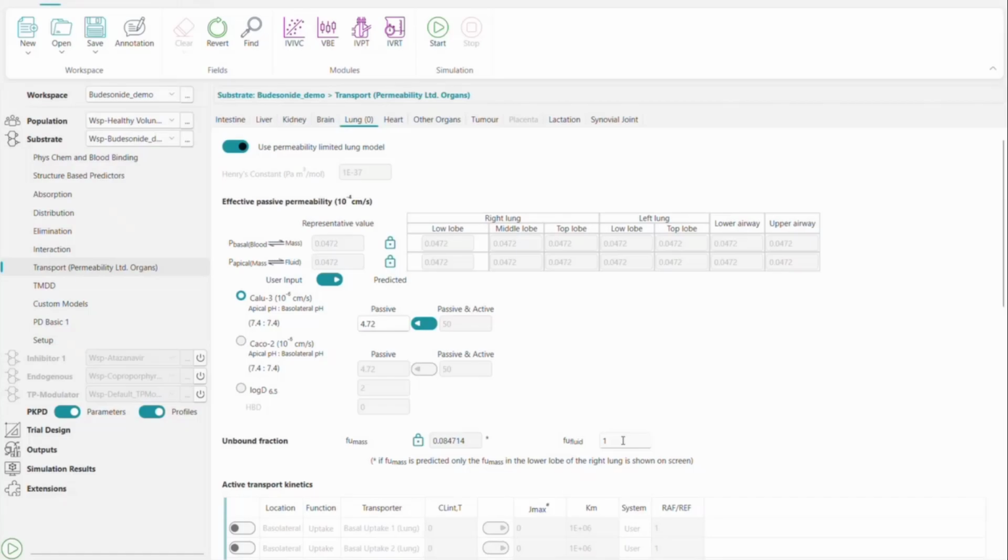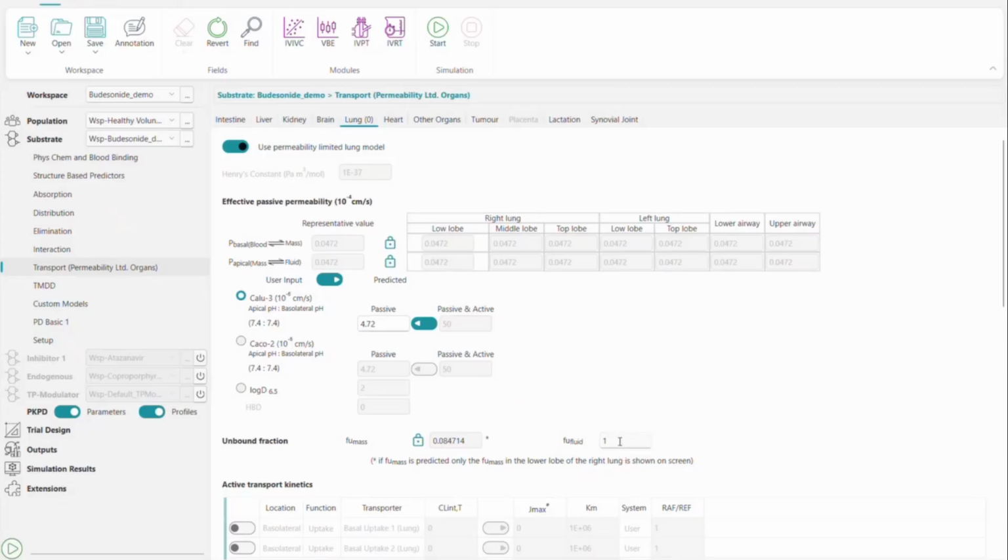So one thing we have done for some case studies is extrapolate from the fraction unbound in plasma. It assumes that all of the binding is to albumin, both in the plasma and in the lung fluid, and then taking account of the difference in the concentration of the albumin, we extrapolate a fraction unbound in fluid value from that.